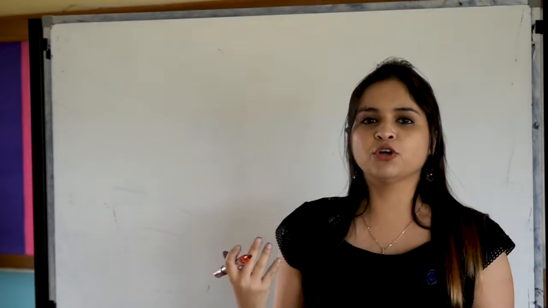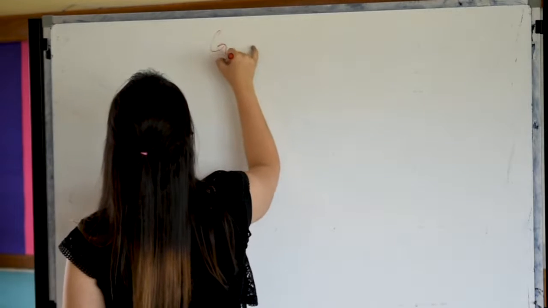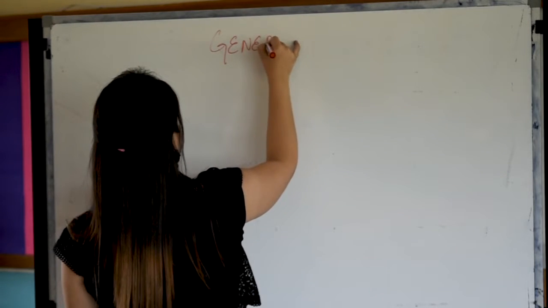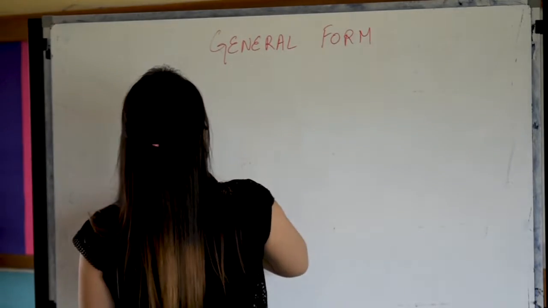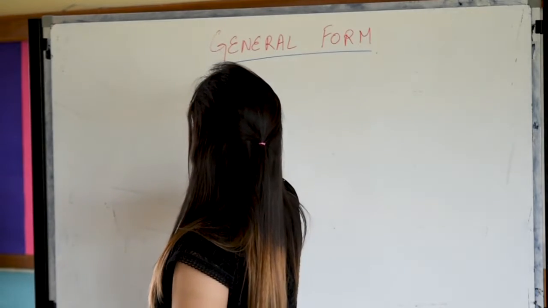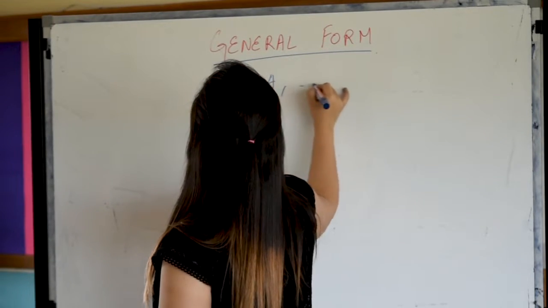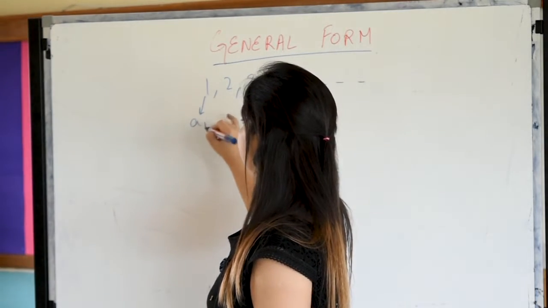Now, if I want to know the general form of a sequence, okay. Suppose I take numbers 1, 2, 3, 4. The first number is called A1.